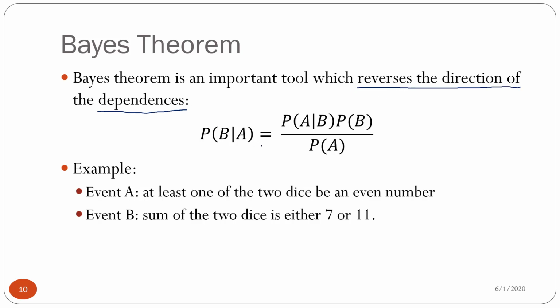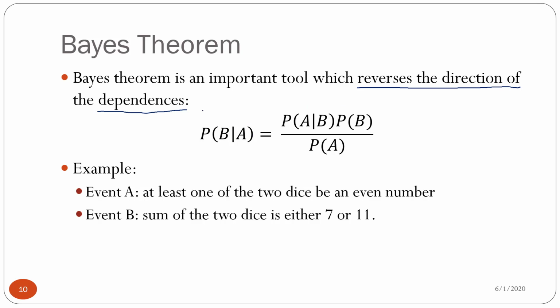What does it mean? Look at the right hand side. If I know the conditional probability of A given B, and I also know the probability of B and the probability of A, then I can compute the conditional probability of B given A.